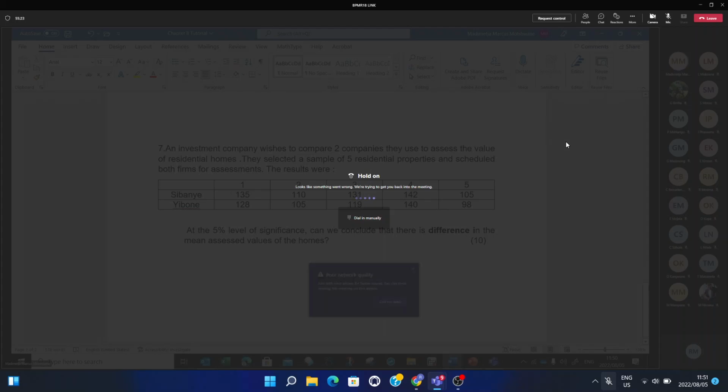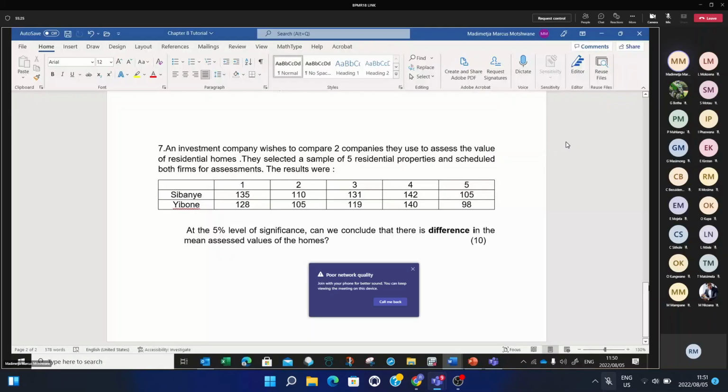Give it a try, please. For the difference, I even highlighted the difference.